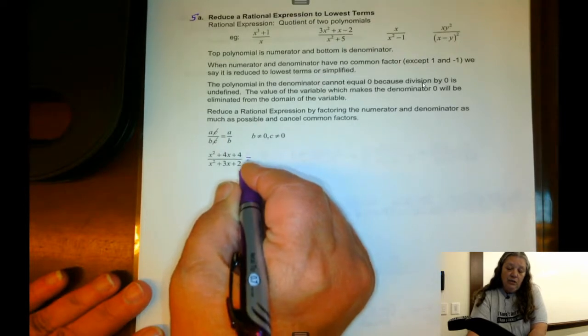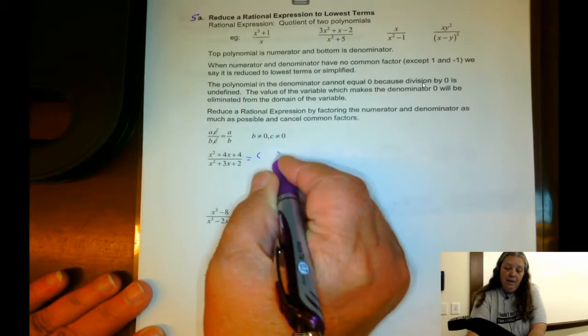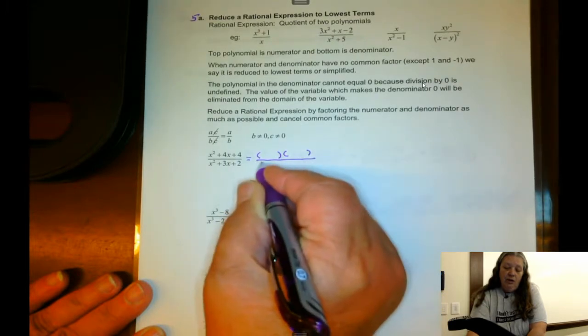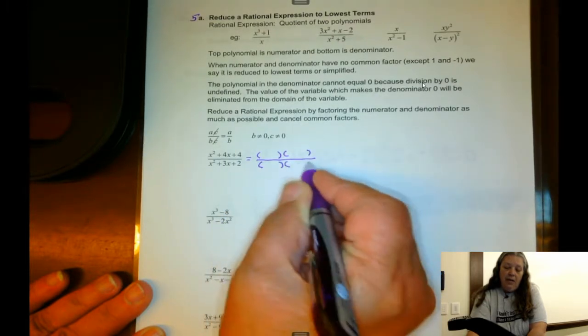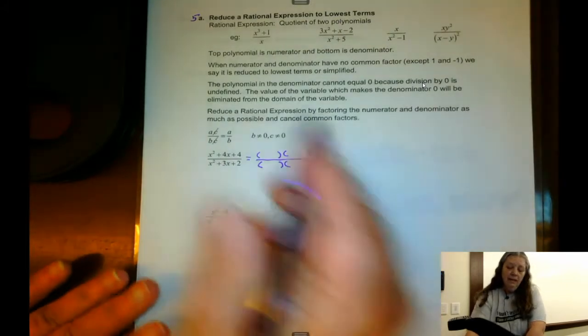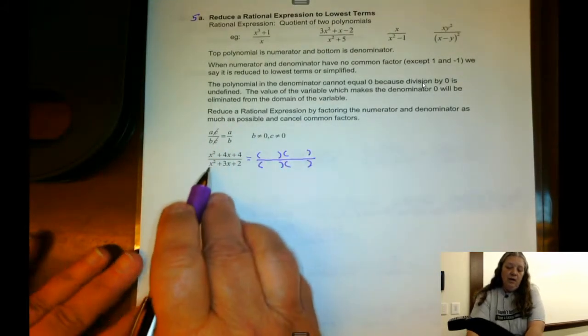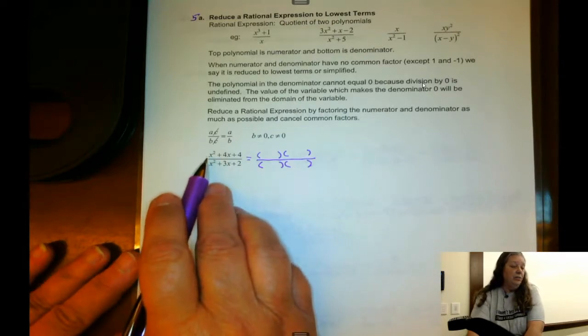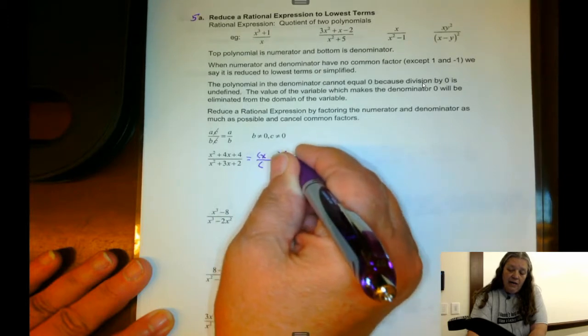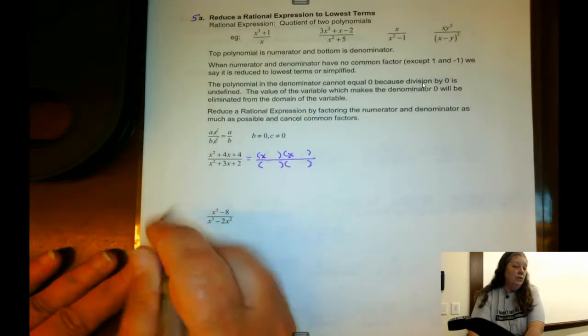So in this first one, since we have a trinomial, that means we will probably have the product of two binomials. Each of the coefficients of the x squared terms is 1, so we know we have an x and an x in each of the binomials.